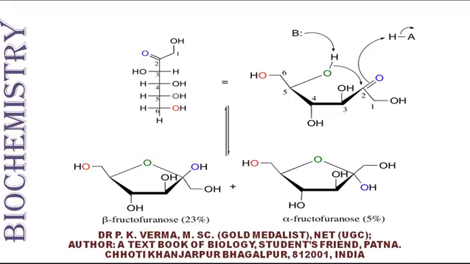In case of beta, the hydroxyl on carbon number 2 is below the plane. In case of alpha, the hydroxyl group is above the plane. In fructose, mostly the beta position is common.